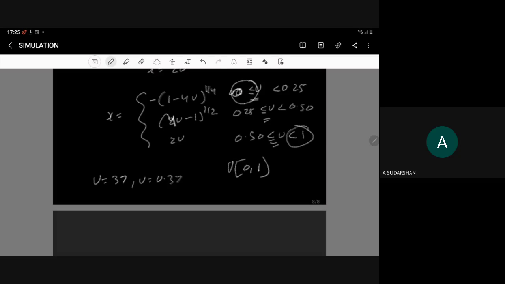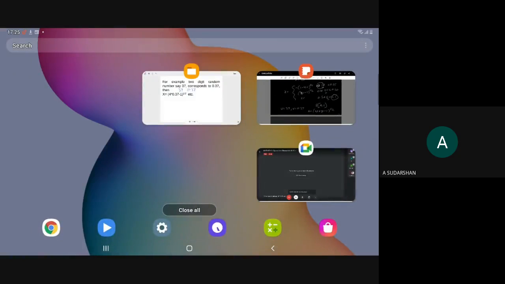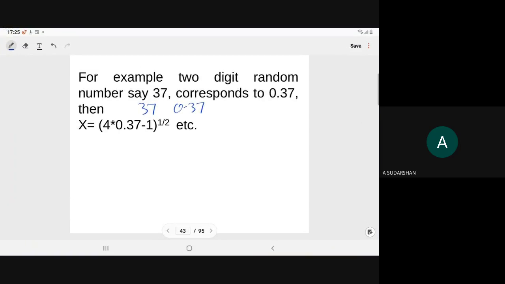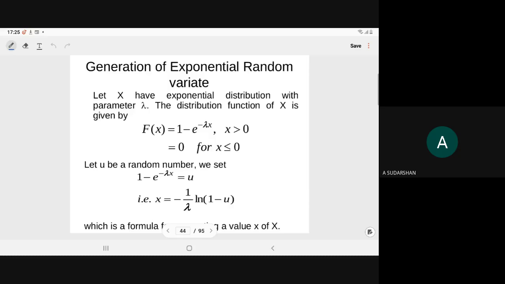So x will come 4 into 0.37 minus 1 power 1 by 2. That is the value of x corresponding to random number 0.37. Right? So in this way, we can compute the random variate. So this is the way to generate a general continuous random variable.